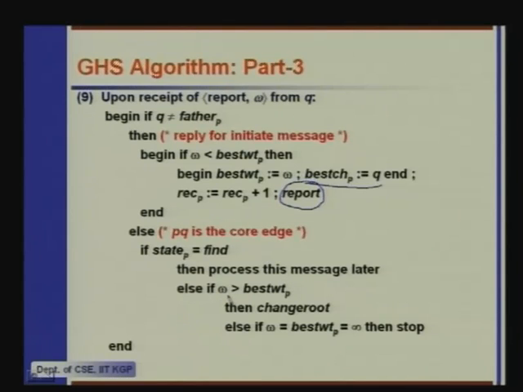Otherwise, if this is found already, then we check if the one I am getting from Q is better than my own, or rather worse than my own. If it is worse than my own, then the least cost outgoing edge belongs to the subtree of P. So, now the Q side will not have to do anything at all.